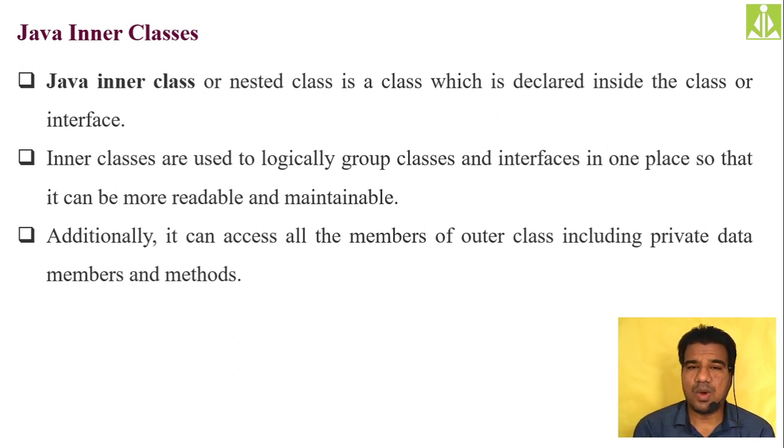So why do we use this nesting of classes, or why do we keep one class as part of another class? It is to logically group different classes or interfaces as one single entity, in one place. In order to group them logically, we put multiple classes inside one single class, so that they become nested classes or inner classes.